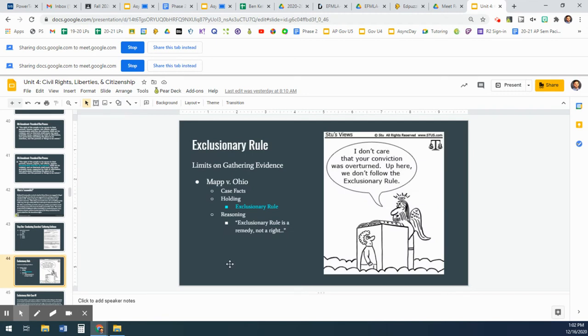Now, what if the cop does not follow these rules for searches and seizures? What can happen? This can be illustrated by the Mapp v. Ohio case, where a lady named Dorothy Mapp was in her home when cops knocked on the door and asked to search her home for a suspected bombing suspect that they believed to be hiding out there.